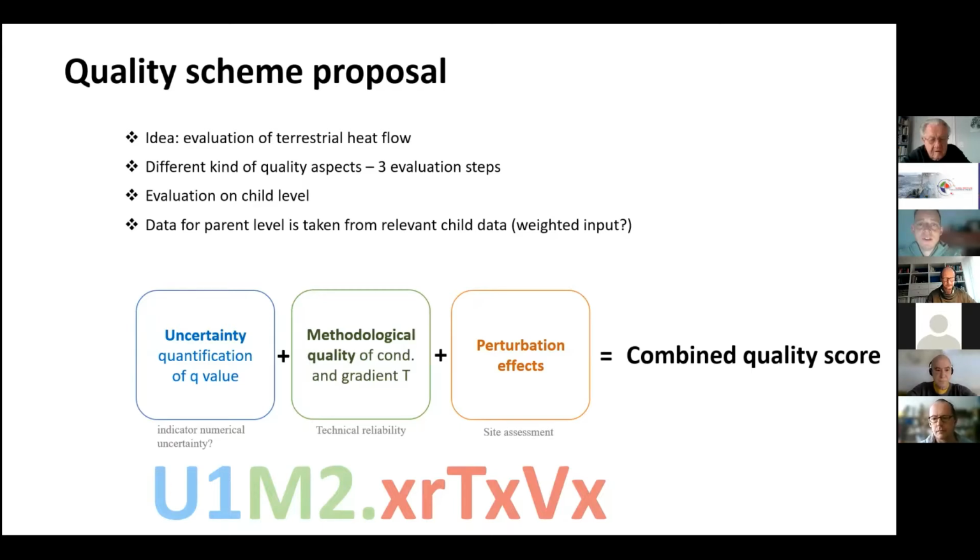So the basic idea of the quality scheme proposal so far is to have a kind of combined quality score that includes a scoring of uncertainty, of the methods used, and of the perturbation effects, all in one combined score that is visible on the first view.